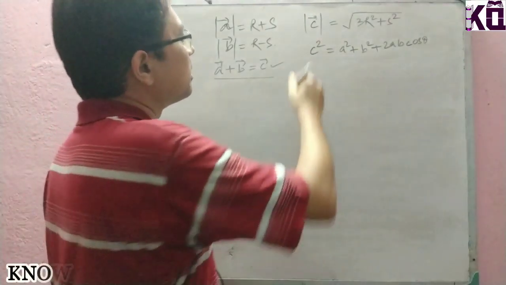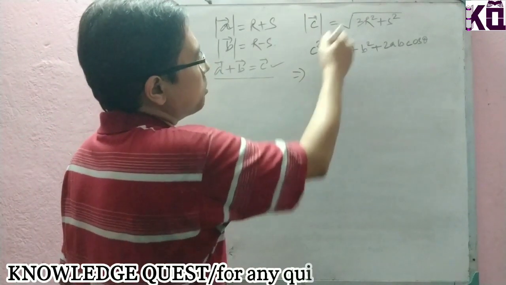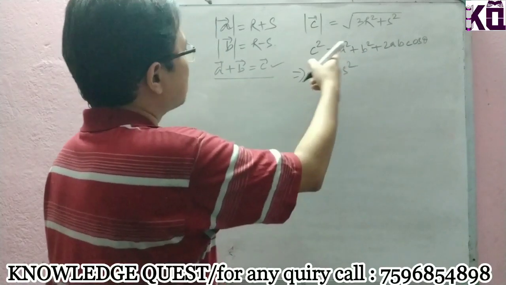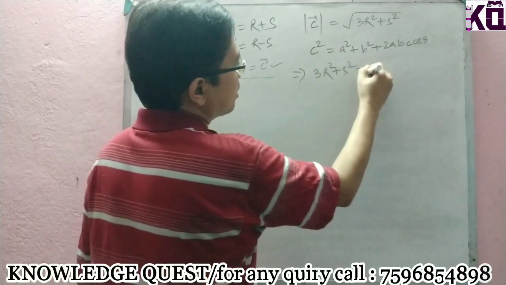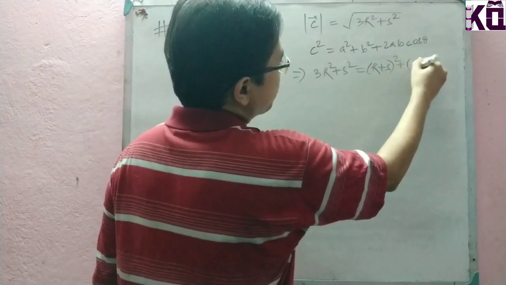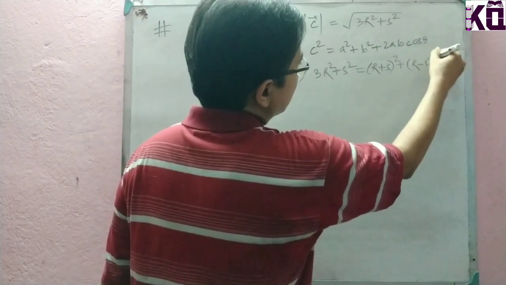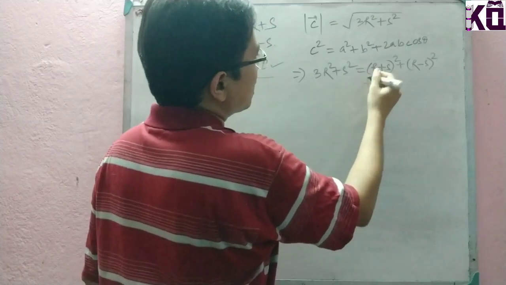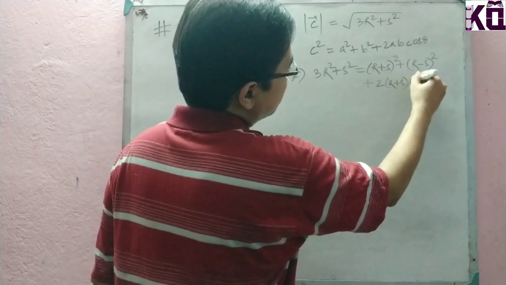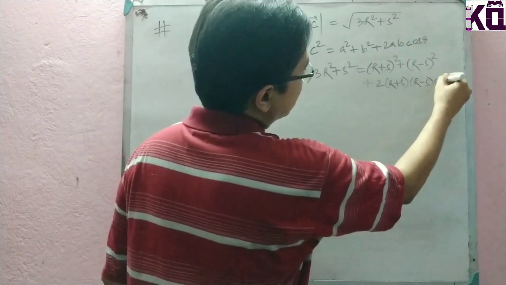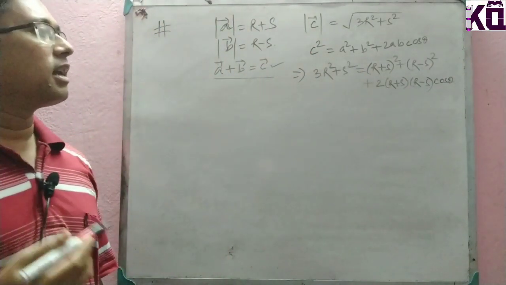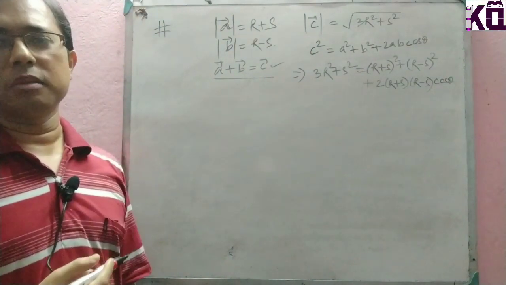So c square, as per the given condition, should be taken as 3r square plus s square. a square means r plus s whole square, b square means r minus s whole square, then plus 2 into r plus s into r minus s cos theta. That is the final part.